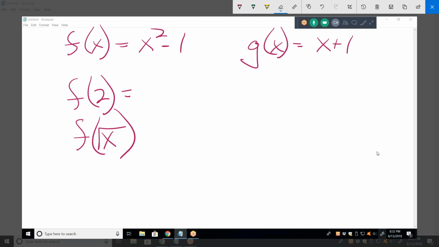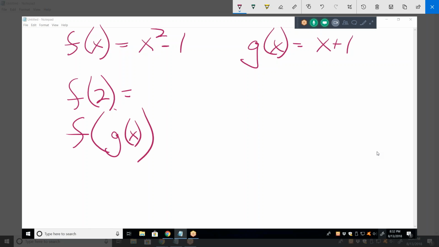So if I say to you, what is f of g of x, and that's the way they're always going to present it, then it's really f of x plus 1. What's that? Okay. F of x plus 1, that would be, so x squared.